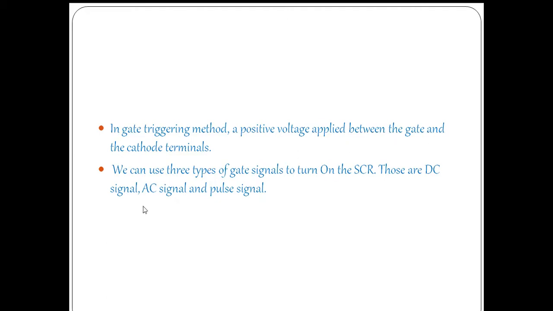So we can use all of them, but to reduce the power loss at gate drive, generally we are using the pulse signals to turn on the SCR. Once the SCR is fired, the gate won't have any control. That's why instead of sending continuous signal, sending pulse signal to turn on the SCR will be the most efficient method for conduction of the SCR.